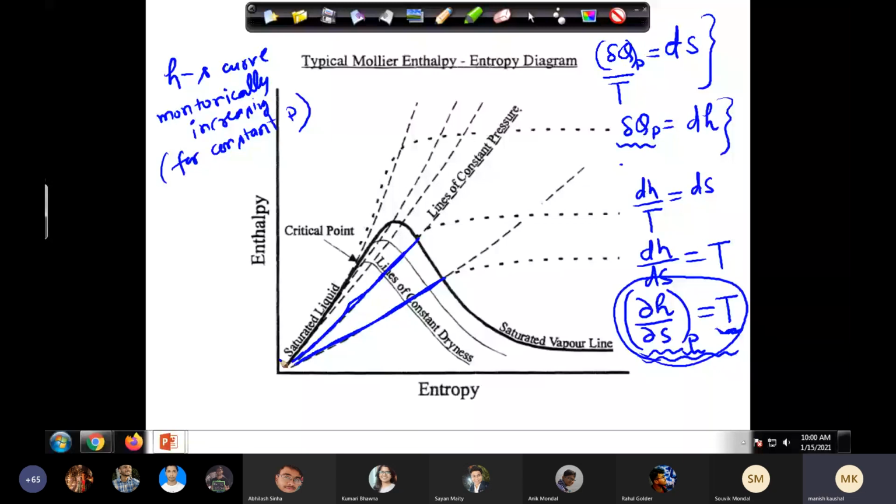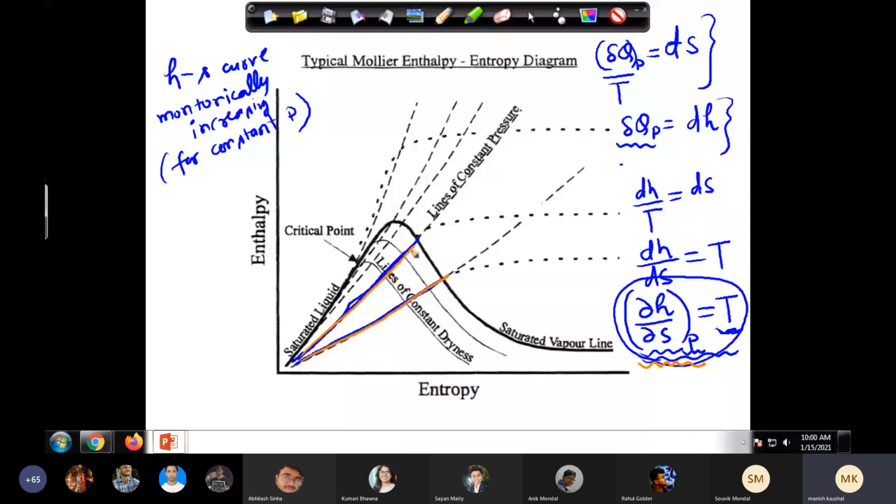If not, then any comment? So during phase change, will pressure and temperature change? No, sir. No, right? It means that during phase change, the slope ∂H/∂S should be constant throughout, and that's why these lines are straight lines.